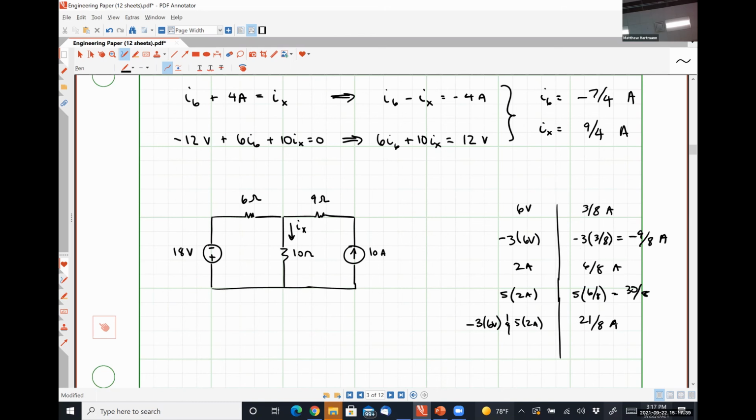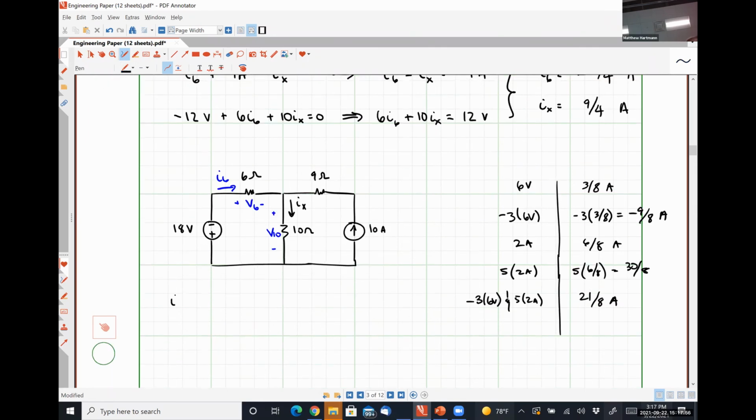So if I call this voltage V10, this voltage V6, and this current I6, I can easily see that I6 plus 10 amps is equal to IX, which I can rewrite as I6 minus IX is equal to negative 10 amps.